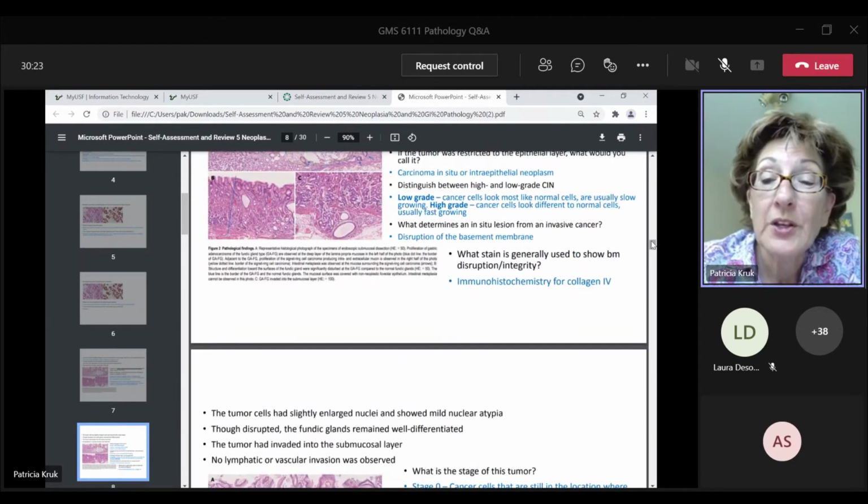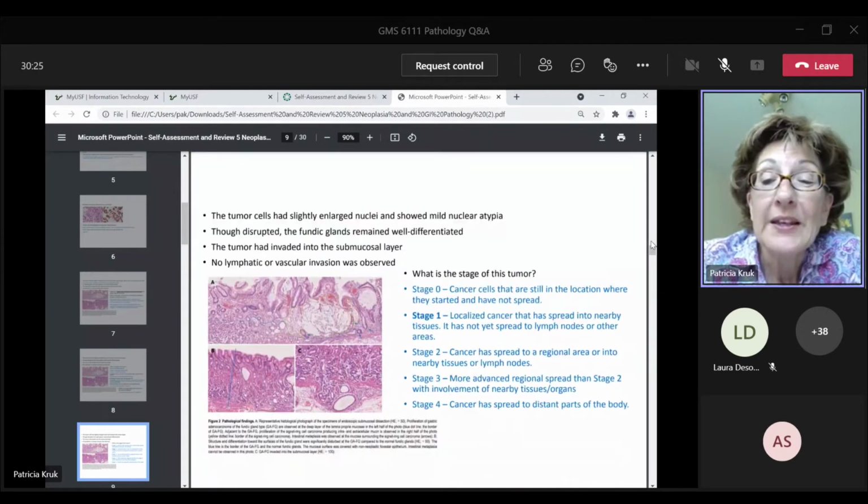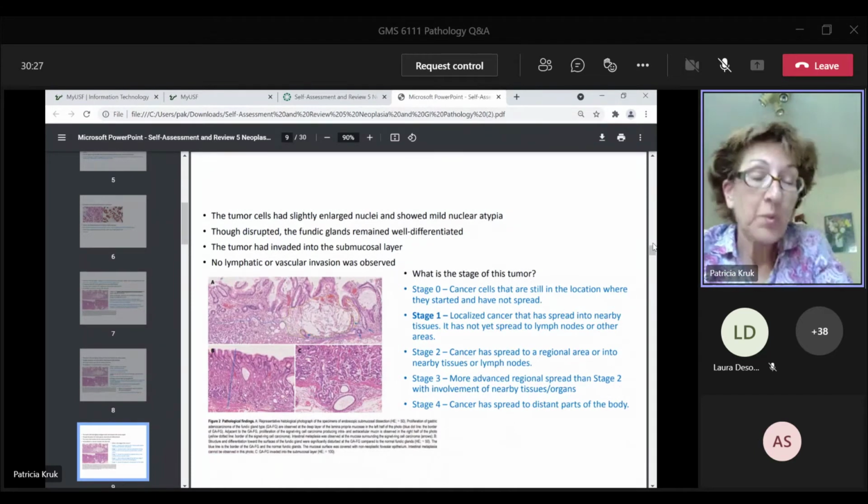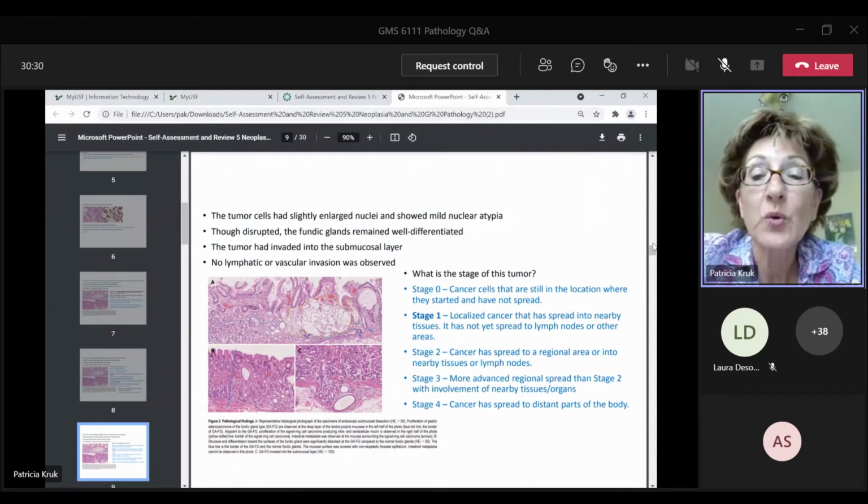Okay. So the other important concept for describing cancers is their stage. Now again, grade refers to the histologic appearance of the cancer. The stage is where this cancer is located in the body.